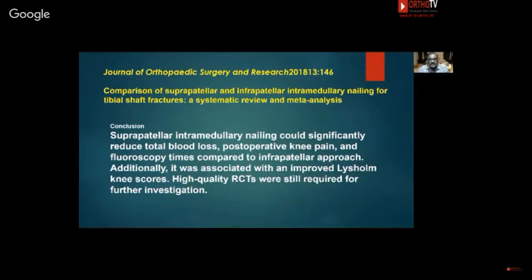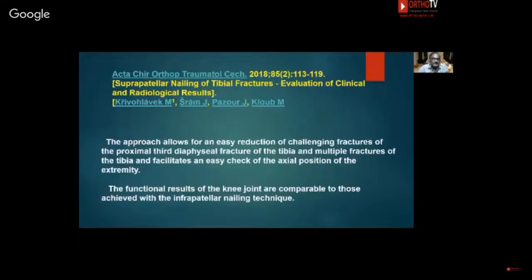Additionally, it was associated with an improved Lysholm knee score. High quality RCTs are still required for further investigation.